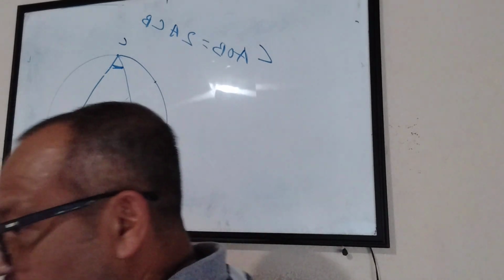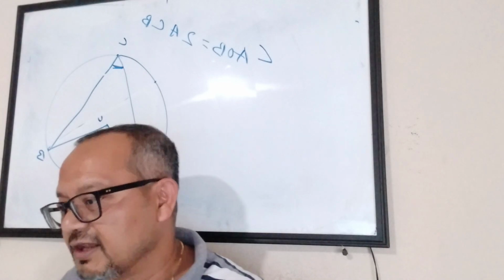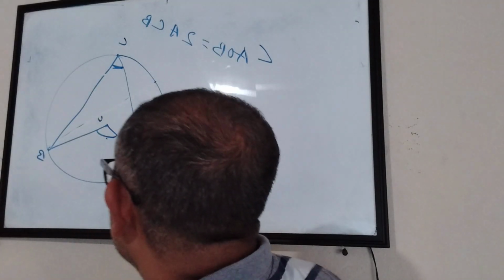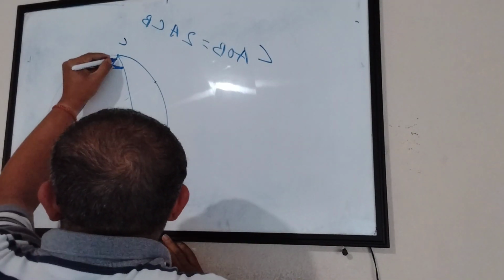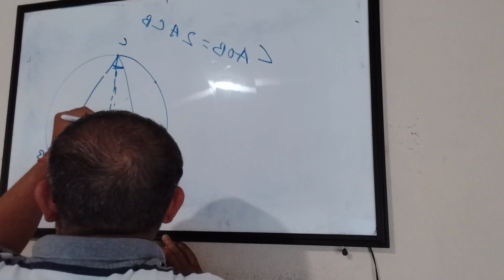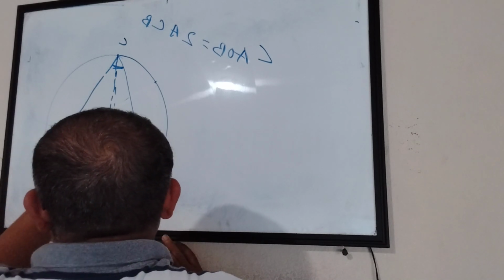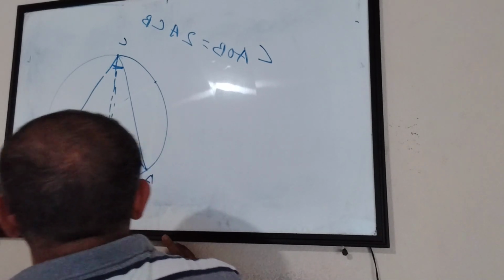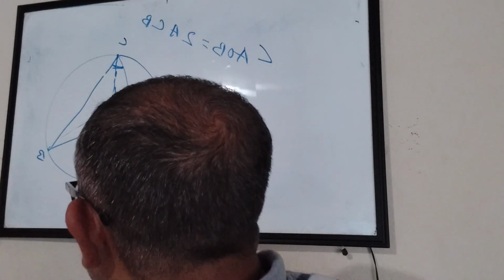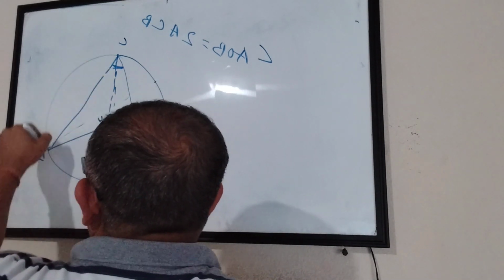That is what we are trying to prove, right? Because I have forced you guys to believe this one. Let's try proving it. What I will do is, I will just join these 2 points, and extend it here. Now look at this triangle and this triangle.